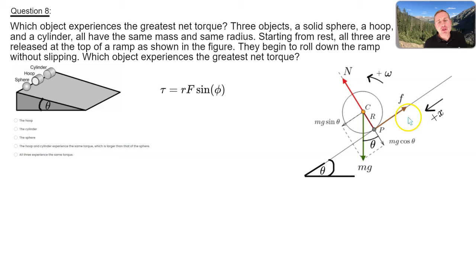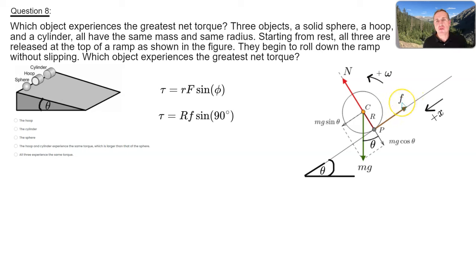And then the angle between them, what's the angle between this radius and this friction force? Well, that's 90 degrees. So we're going to have capital R times script lowercase f times sine of 90 degrees. But we know this is the radius, this is the friction force. Sine of 90 degrees is exactly 1.